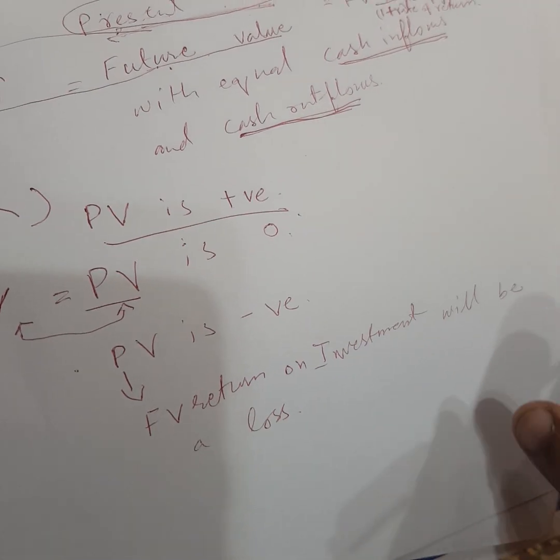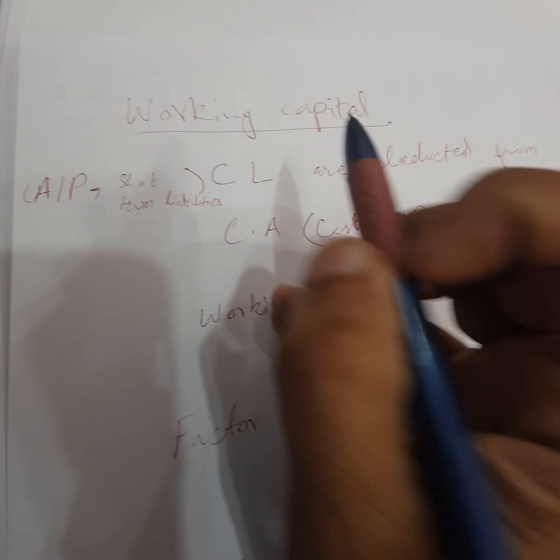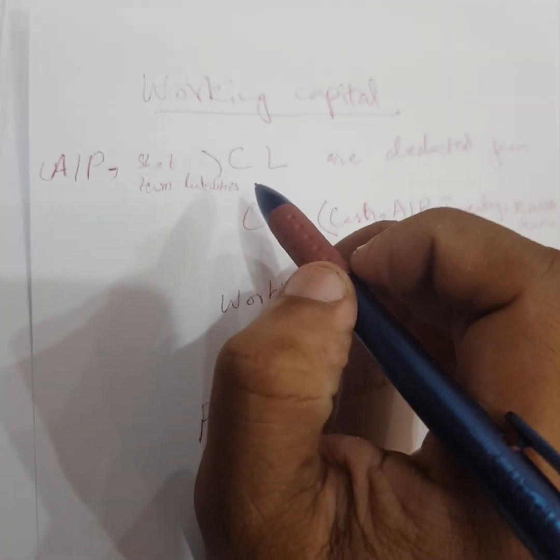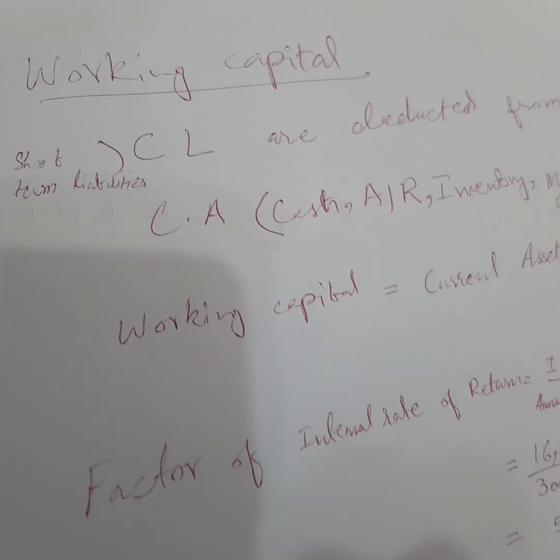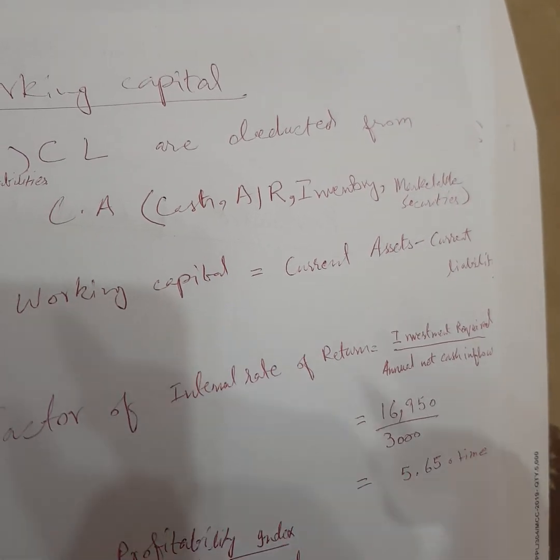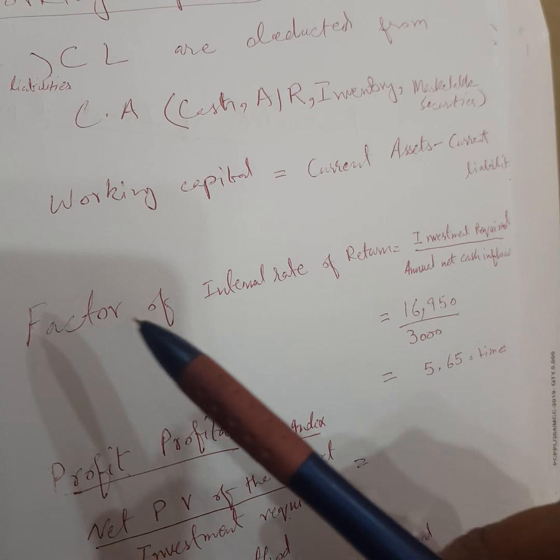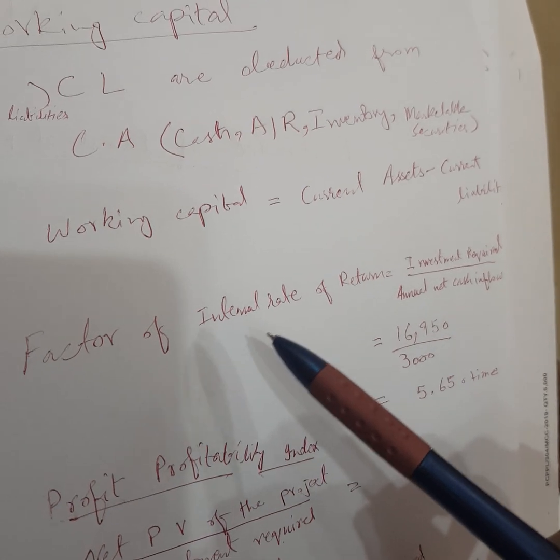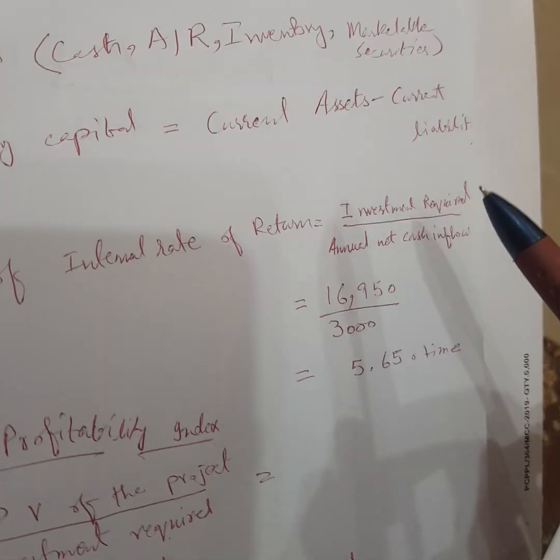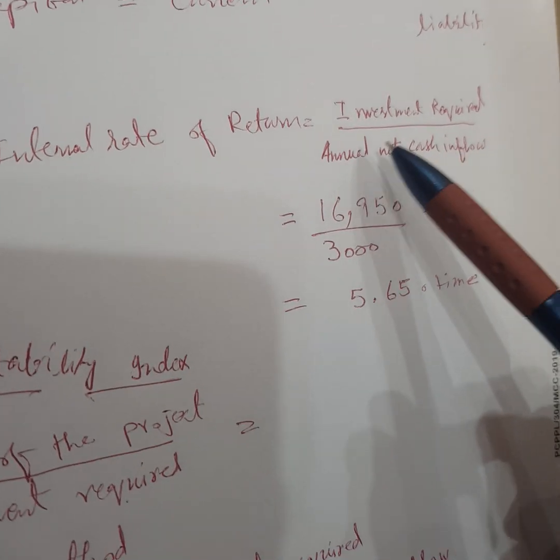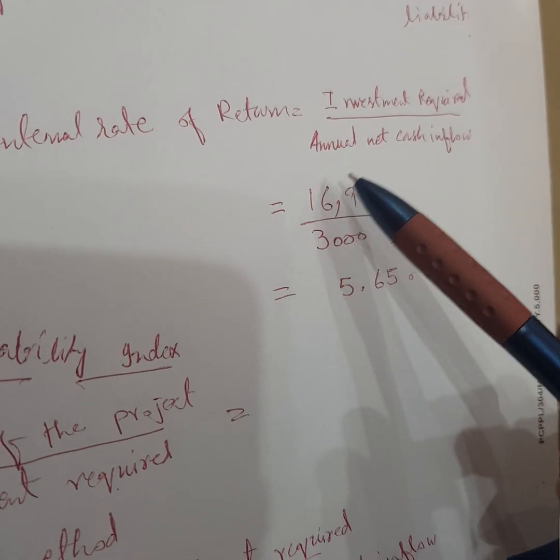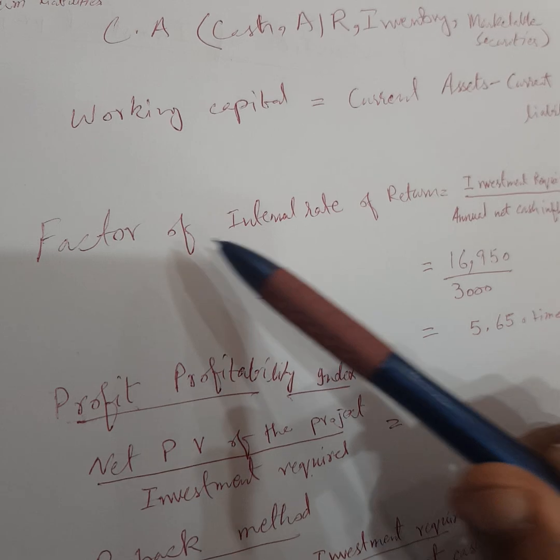In the same way, we discussed working capital. Working capital is the difference of current assets and current liabilities. Then we discussed the factor of internal rate of return, in which the ratio of investment required and annual net cash inflow will give the factor.